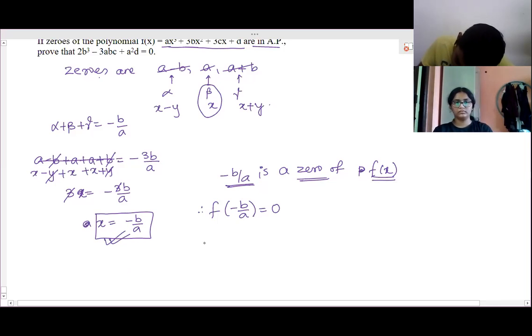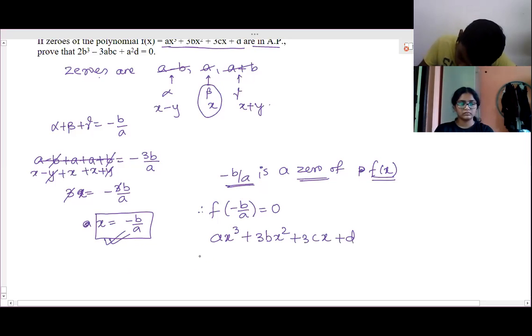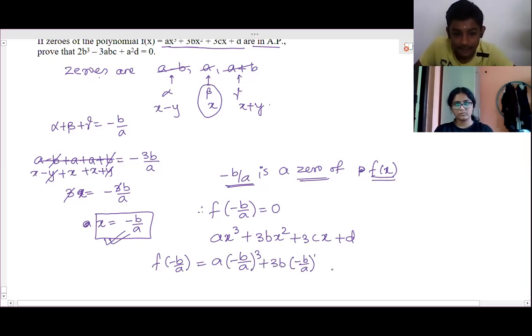Here, see this one. Yes, ma'am. So your polynomial f(x) is ax cube plus 3bx square plus 3cx plus d. Now f of minus b by a is equal to a into minus b by a whole cube plus 3b into minus b by a square plus 3c into minus b by a plus d. It should be equal to 0.